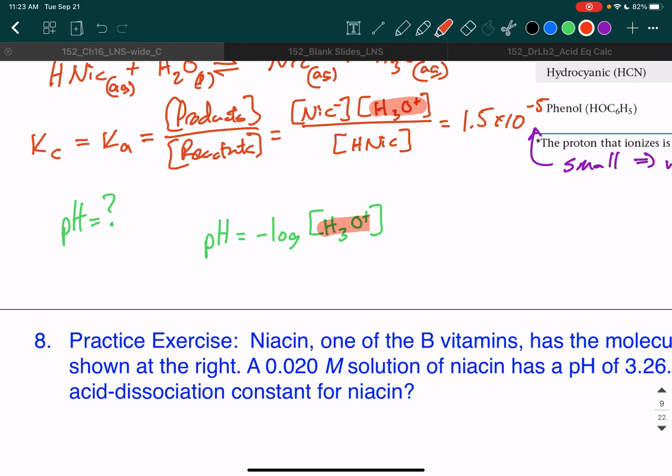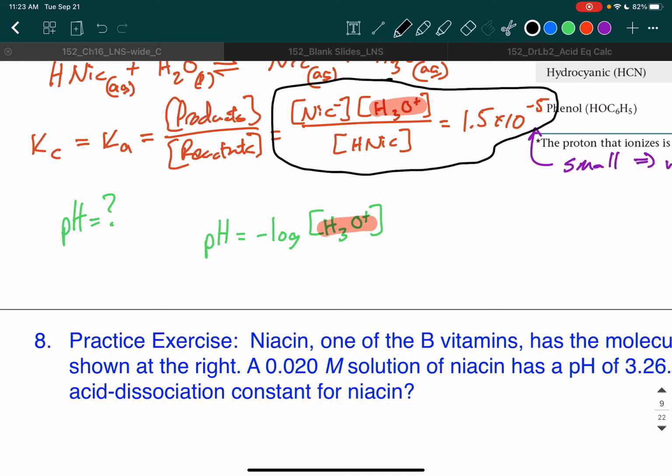So basically, what we're going to wind up doing is taking this chunk of the problem, solving for hydronium, and we'll get a number out of that, and then plug it into our equation here to get the pH of the solution.